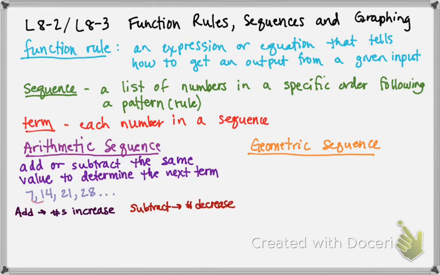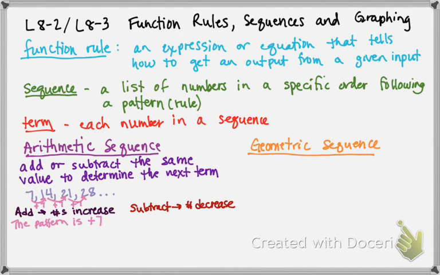To go from 7 to 14, I would add 7. To go from 14 to 21, I would add 7. To go from 21 to 28, I would add 7. So I would say that this sequence, or the pattern, is plus 7.